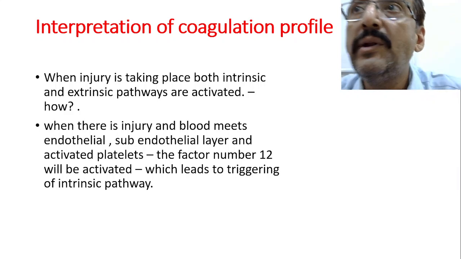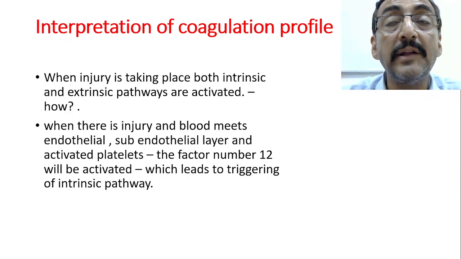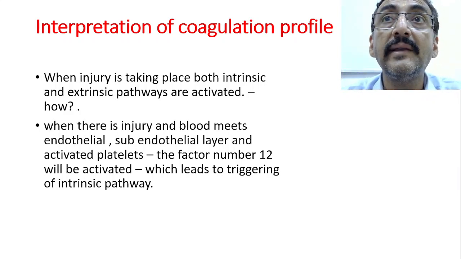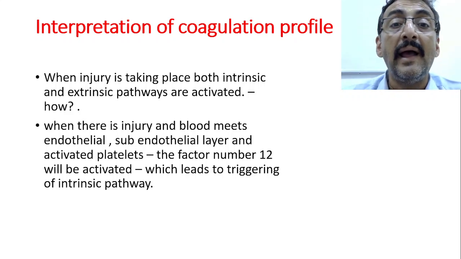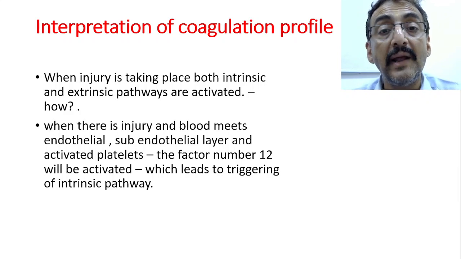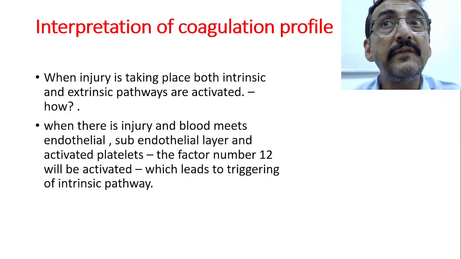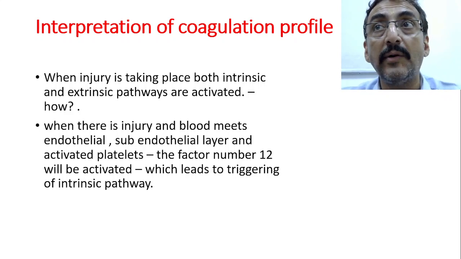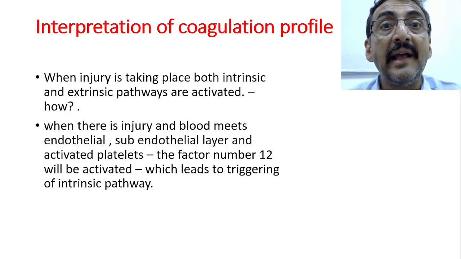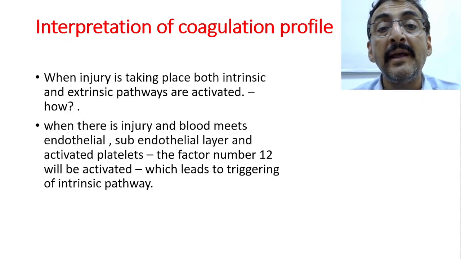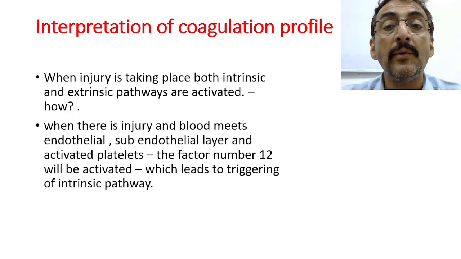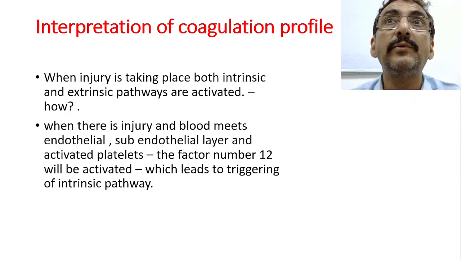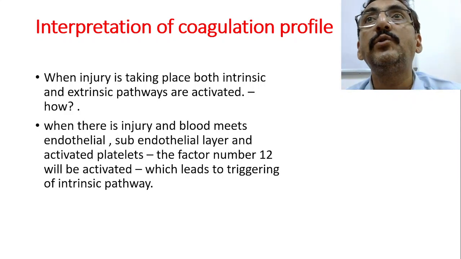Now how is this intrinsic pathway activated? As soon as blood comes out of the endothelial layer or subendothelial layer, the first thing which takes place is activation of the platelets. We have already studied. And as soon as the activation of the platelets takes place, clotting factor number 12, Hageman's factor, is the first to get activated.